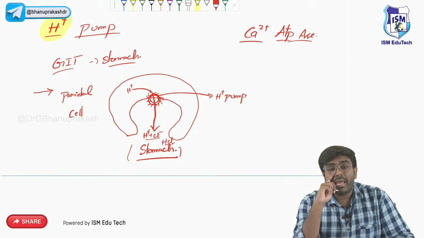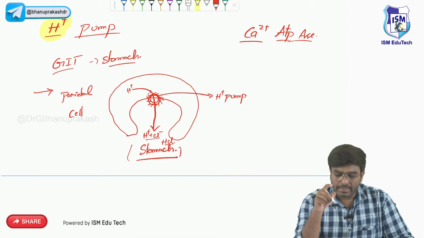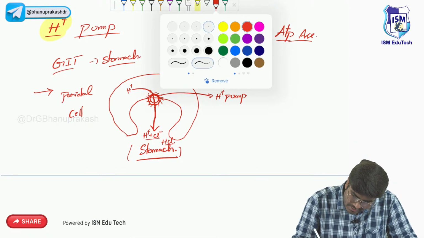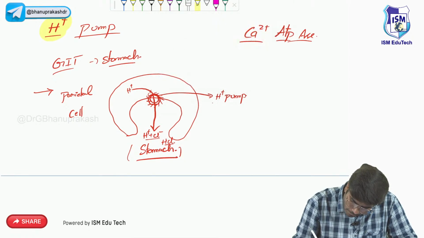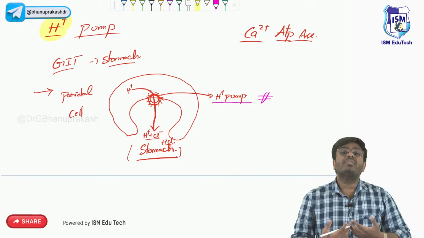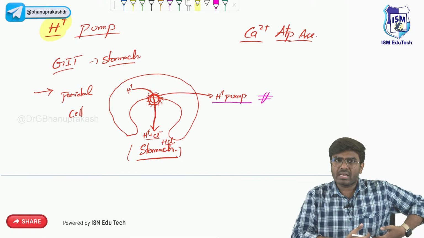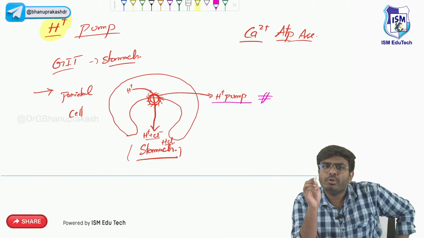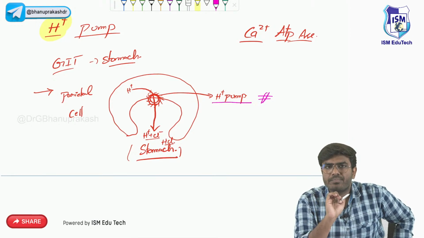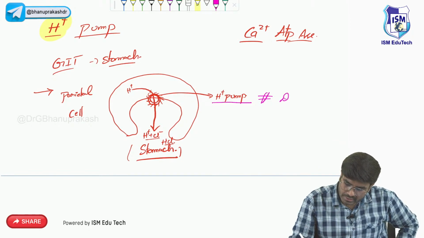Now my question, especially for the guys who are studying second year and third year: is there a drug which will inhibit the proton pump? If I am suffering from peptic ulcer disease, gastroesophageal reflux disease, or ulcers in my stomach, what do you have to do? You have to decrease the acid production. For that, you have to use certain drugs.